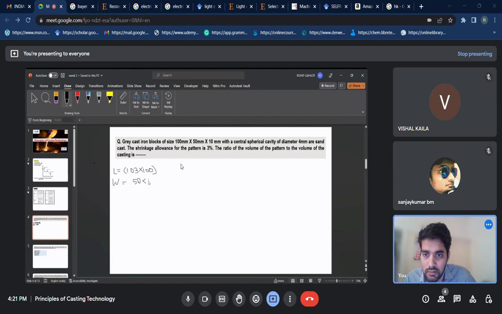So your length needs to be increased by this factor, and similarly the width also needs to be increased by the same factor, as it is not said that the shrinkages are different for the three sides. They are the same for your length, width, and height. So this will be your final sides after taking care of the shrinkages.